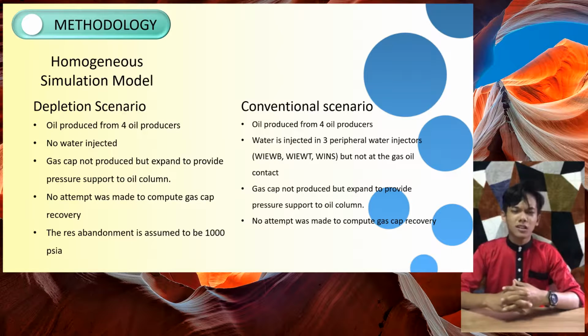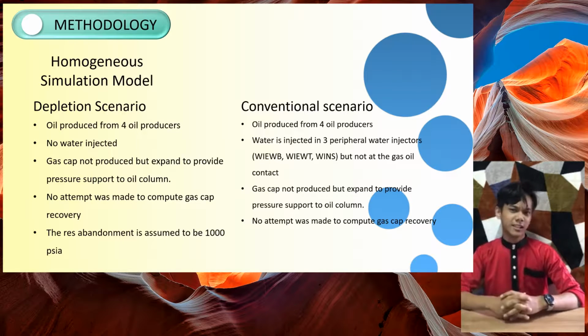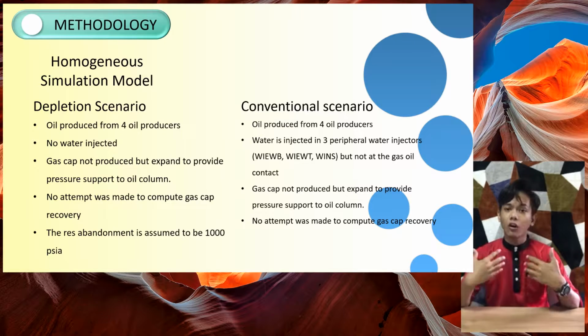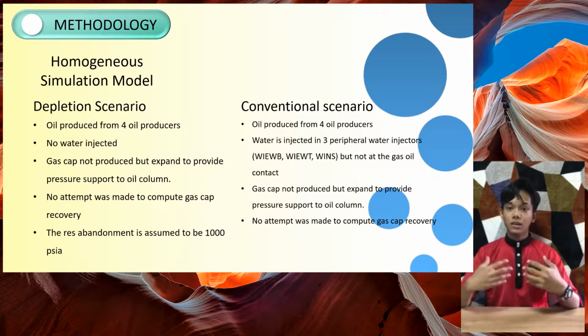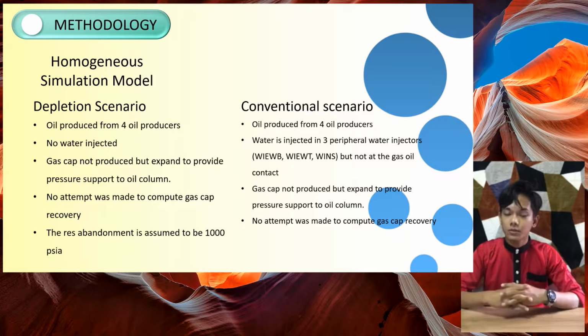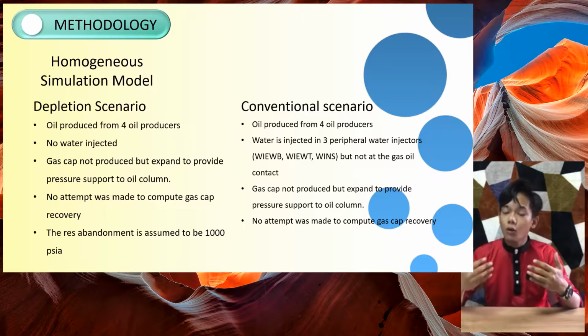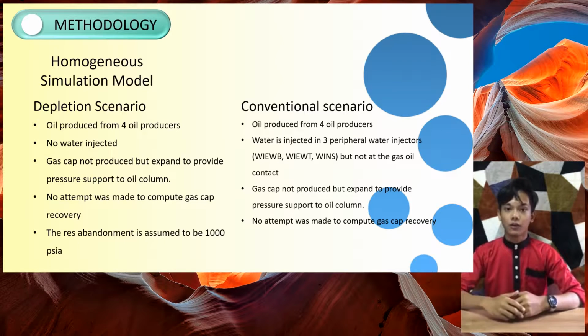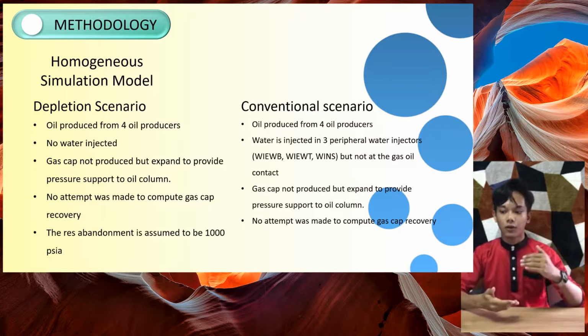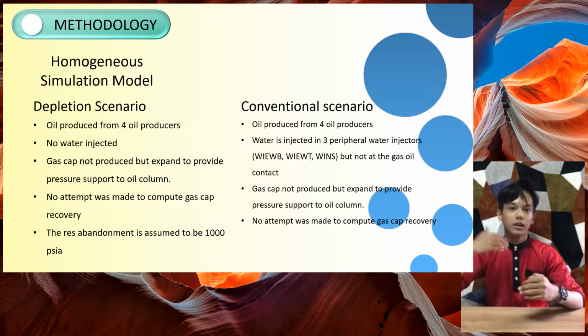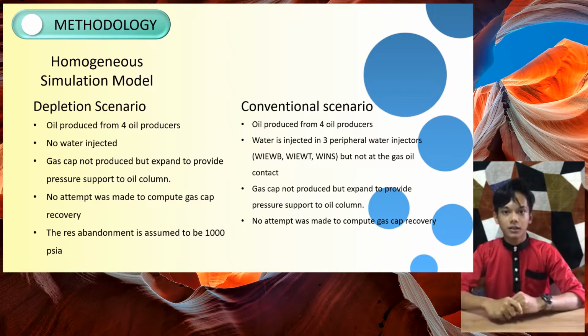So actually, what are the significant differences between all these four scenarios? For the depletion scenario, the oil is produced from 4 producers and there is no water injected in the reservoir and no gas cap produced from the reservoir. That's the significant difference from all of these scenarios.